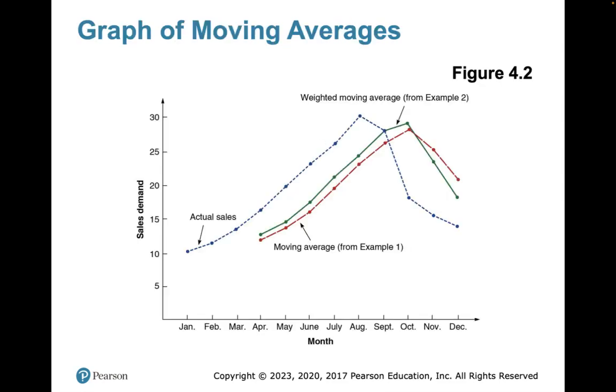Now, what we talked about is this idea that, again, it doesn't recognize trends very well. Okay. And really what it ends up happening, and now basically we're just taking those data points and plotting them on a graph, but we can see that the red is our moving average, right? That was the first forecasting technique we used. And then the green is the weighted moving average. Now you can see the green is a little bit closer to the actual sales, but both of them are really lagging behind.